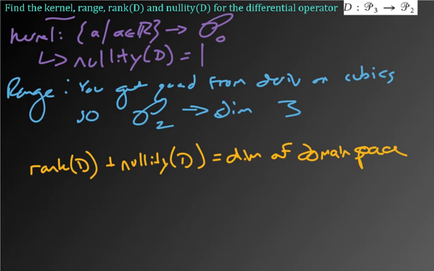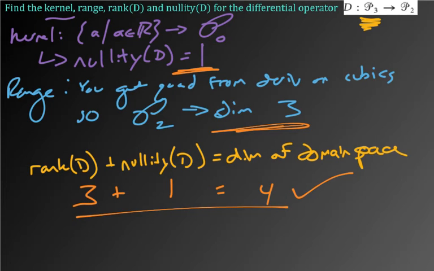Basically the idea is just the stuff that gets transferred plus the stuff that goes to 0 should add up to the total stuff that you're sending, right? And so we know that this polynomial space has order 4, right? We know this is 1. We just talked about that up there. And this is 3. And so sure enough, 3 plus 1 equals 4. Mind-blowing math there.